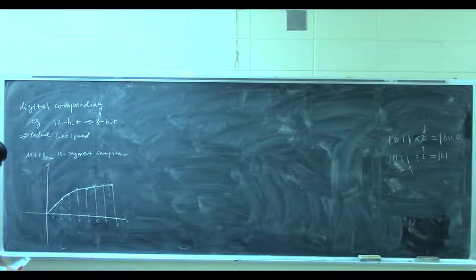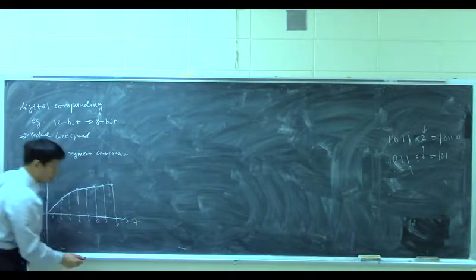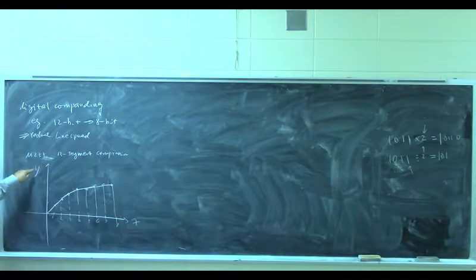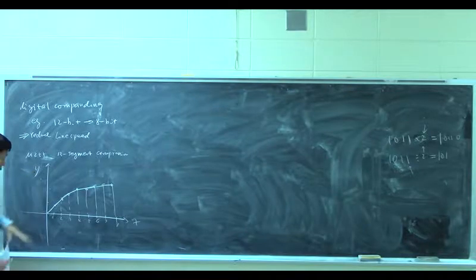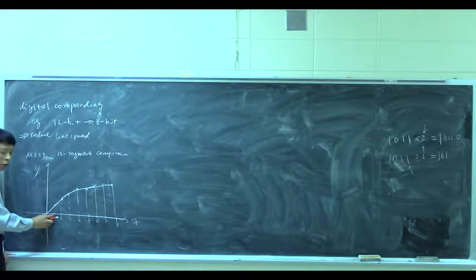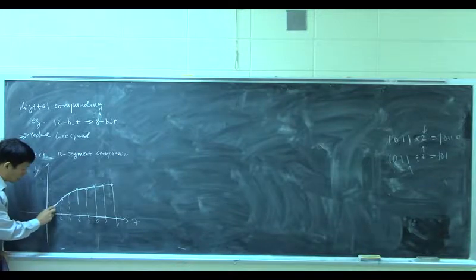Right, so here is the reason. This is x, the input to the compression, and this is y, the output of the compression. If your number is small, what does small mean? It means it is in the first segment or in the second segment. Then we do not compress.